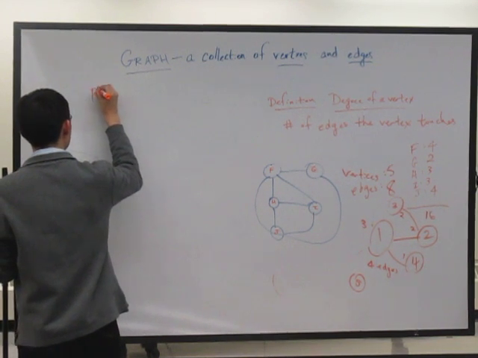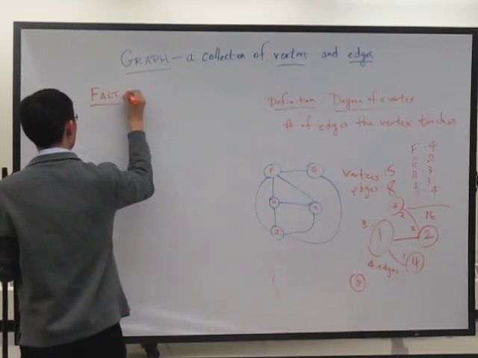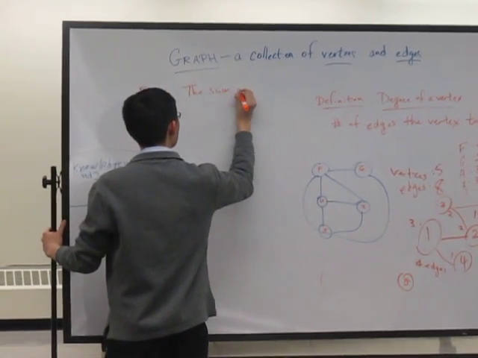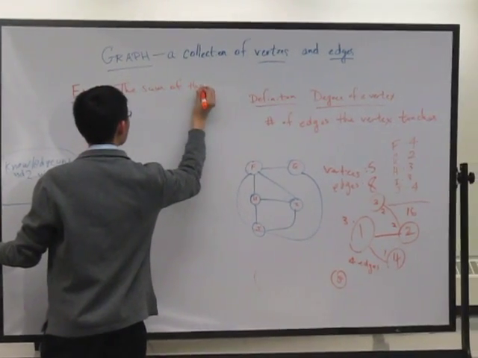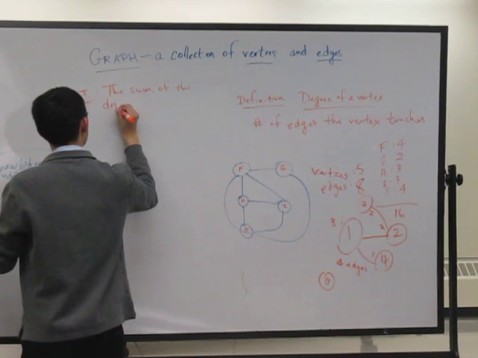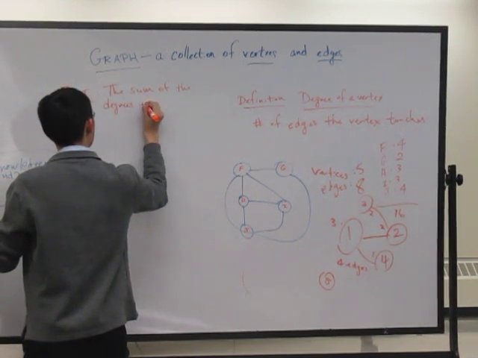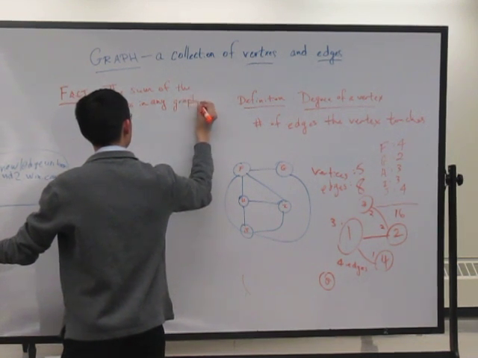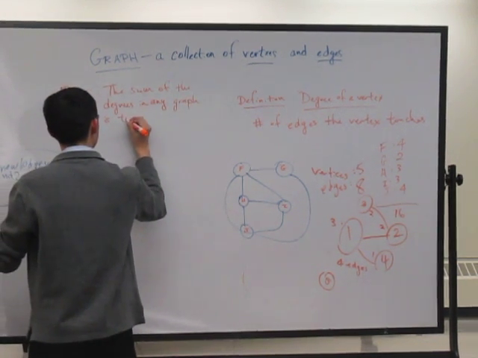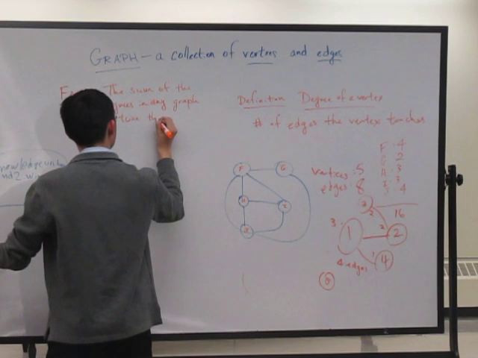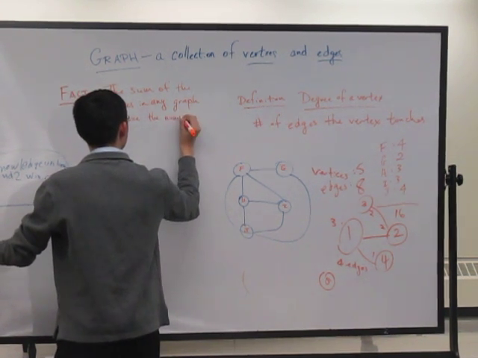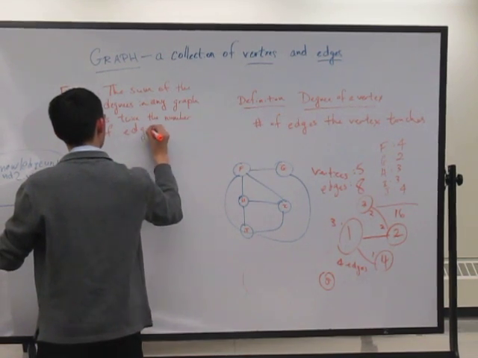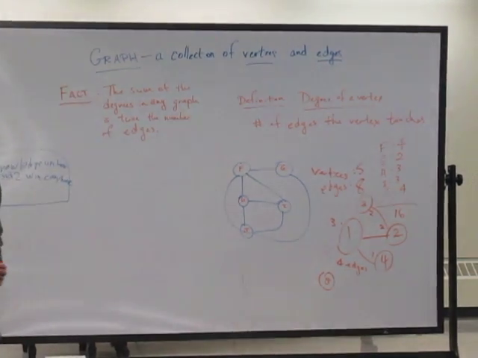So write this fact: the sum of the degrees in any graph is twice the number of edges. Okay?